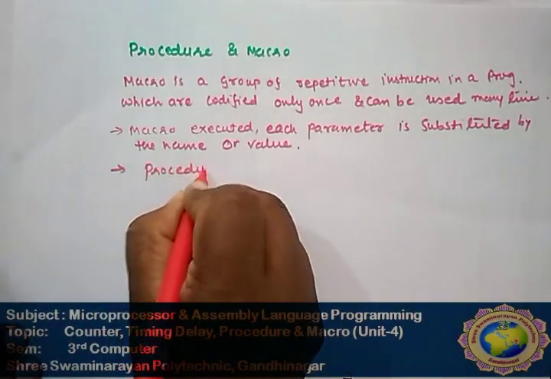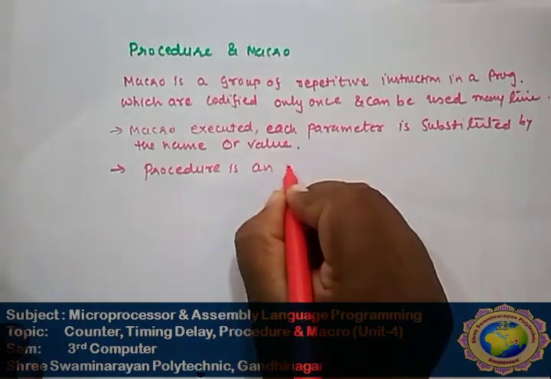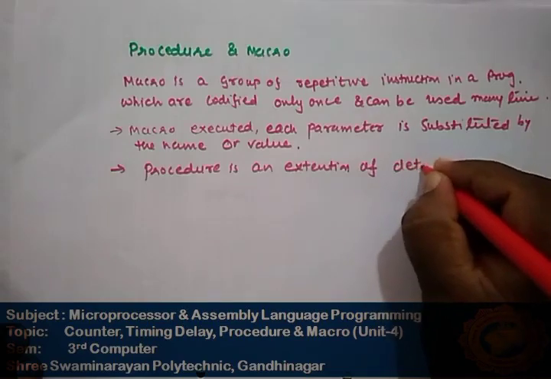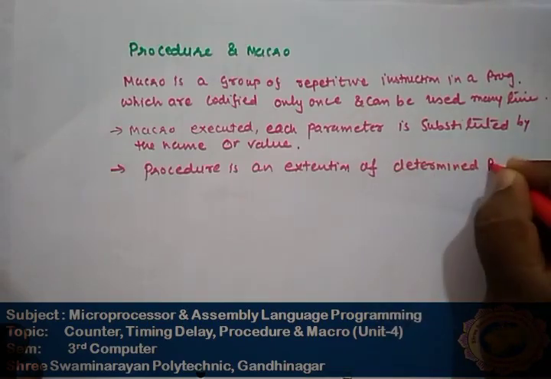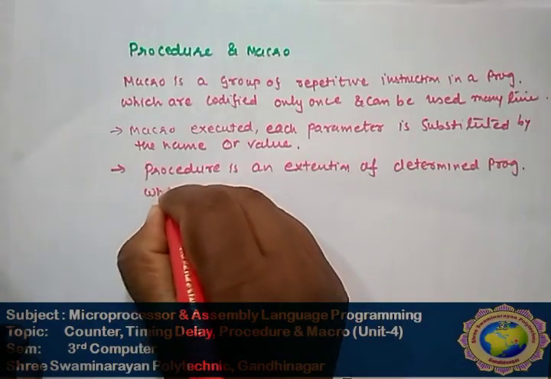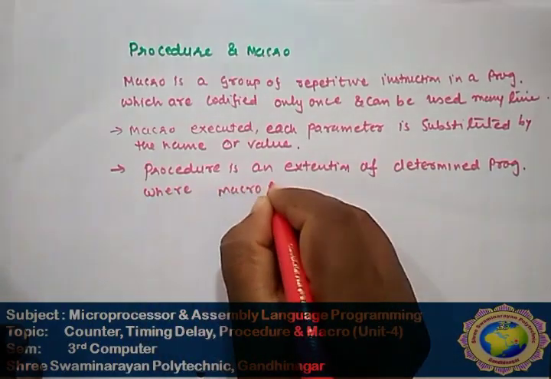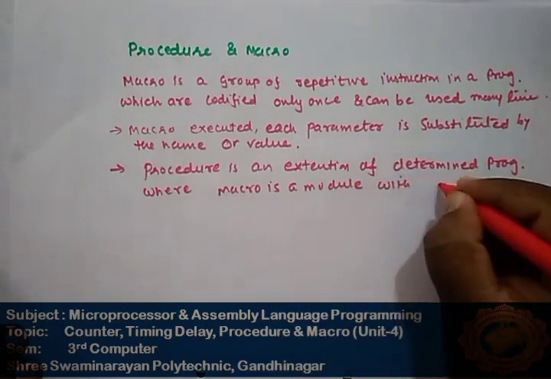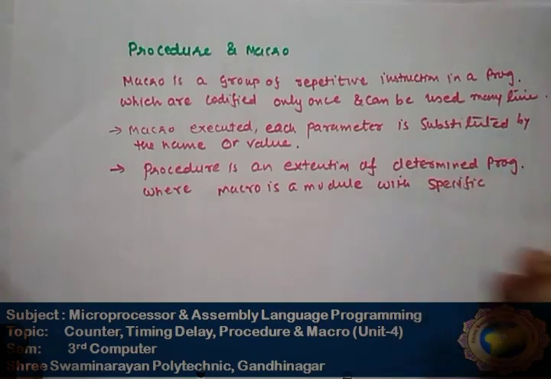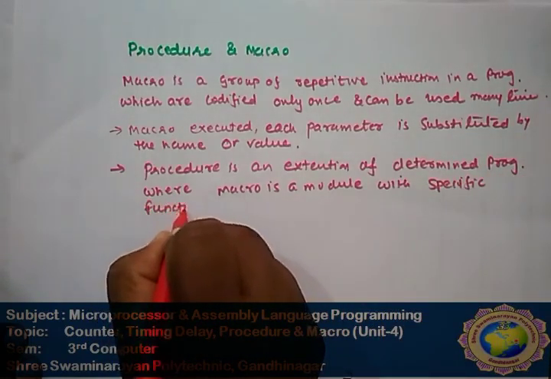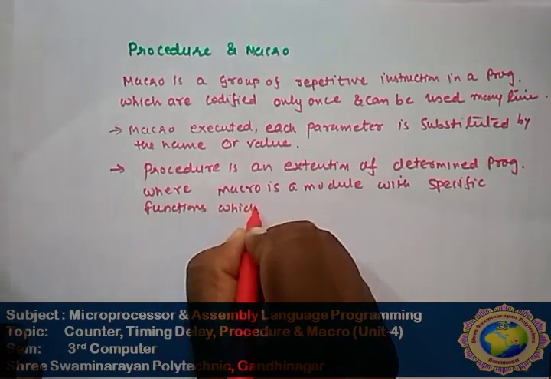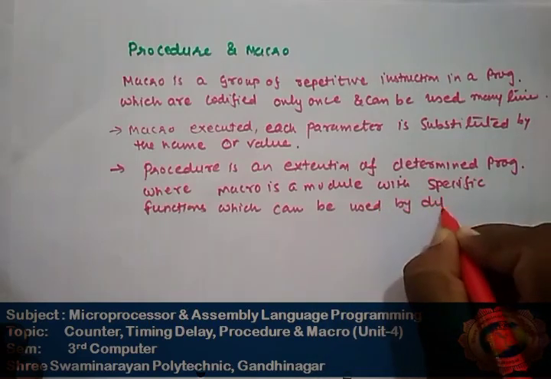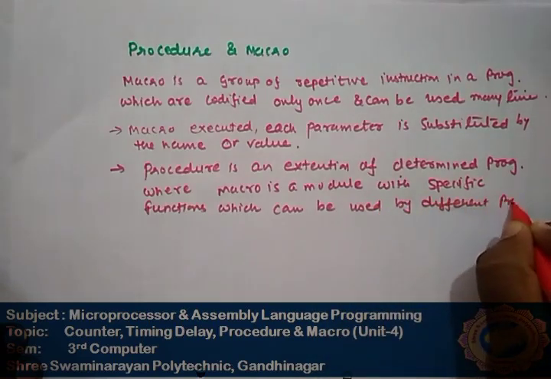Procedure is an extension of a determined program, whereas macro is a module with a specific function which can be used by different programs.